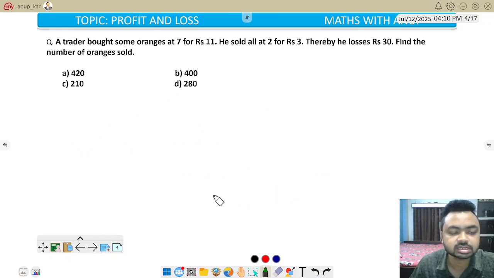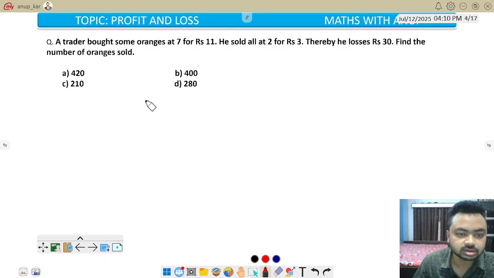So let's proceed to the next question. The next question states that a trader bought some oranges at 7 for rupees 11 and sold at 2 for rupees 3. Again we will consider price and article. P denotes price and A denotes the number of articles.